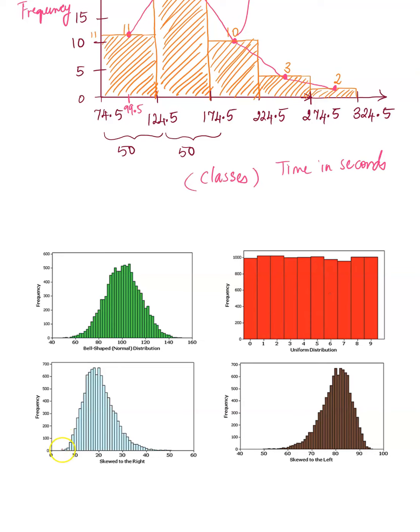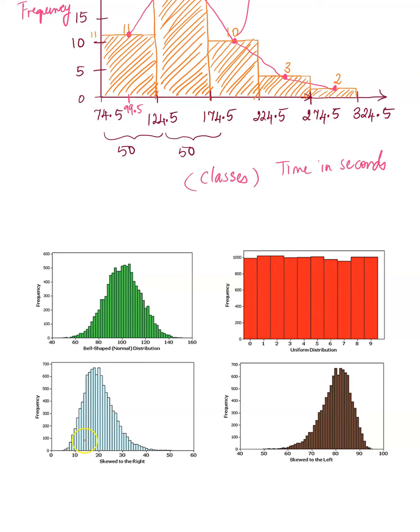Now if your histogram actually looks like a bell graph, like the blue one here, you see that it's not sitting right in the middle like the green one. The green one has the ends tapering on the left and the right, with the majority sitting right in the middle of the graph.